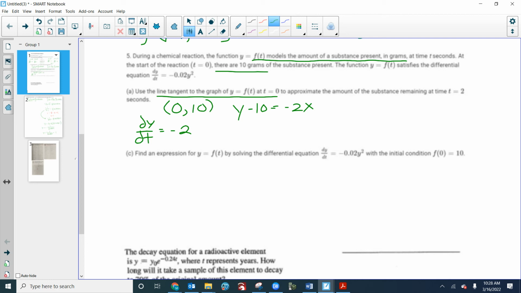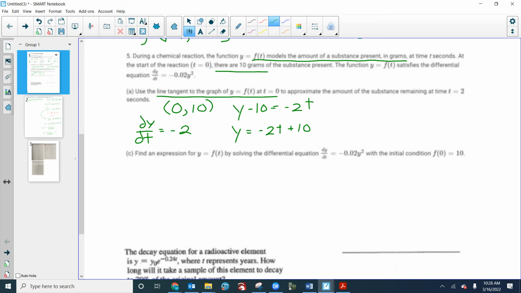Use the tangent line to approximate the amount of substance remaining at t equals 2. Oops, I put x. My bad. Should be t. Well, isn't this y equals negative 2t plus 10?